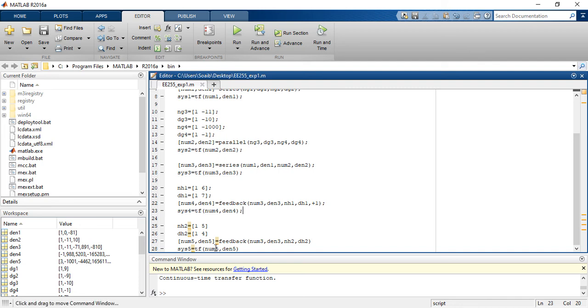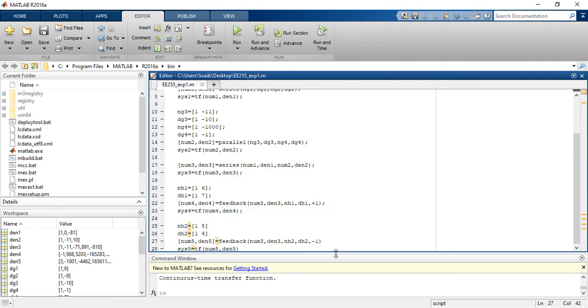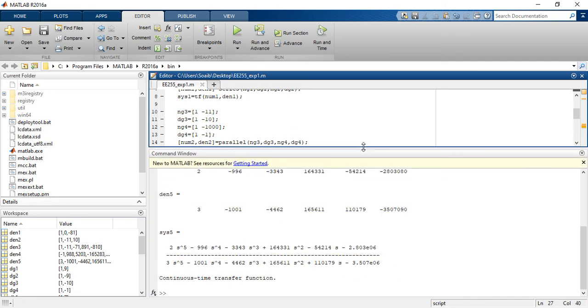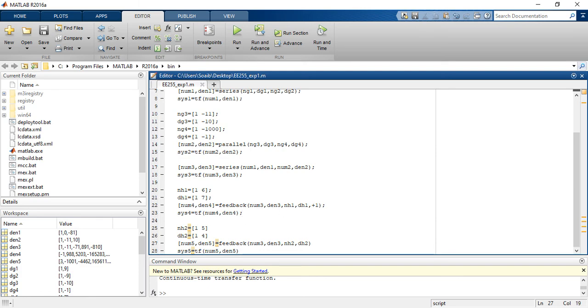If it is a positive feedback control system, you have to write +1. Remember, for a positive feedback control system, you have to write +1. If I write -1 or if I don't write anything, the same answer I will get. So this syntax you need to remember, that is feedback.